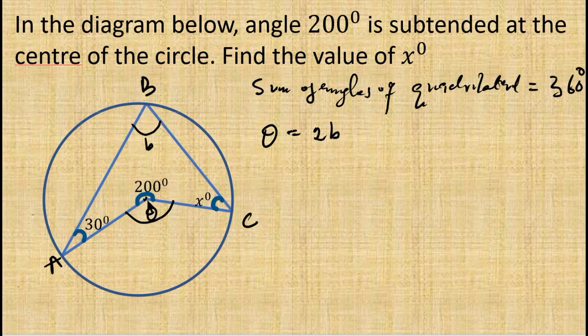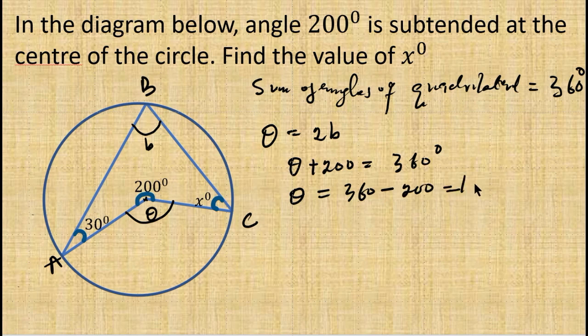At O, we also know that the total angle at a point is 360 degrees. So that my angle at O plus 200 will be equals to 360 degrees. So that the angle at O will be equals to 360 minus 200, which is equals to 160 degrees.